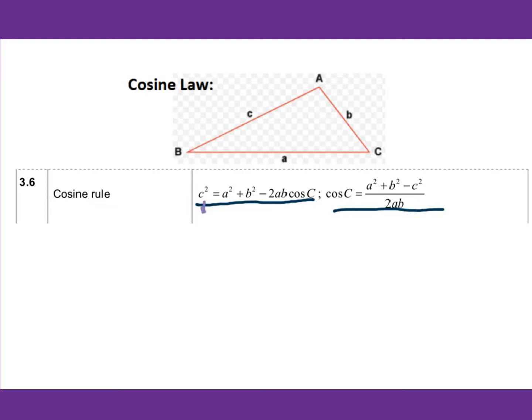This c squared means side, a squared deals with side, and this ab we already did over here. Then we need an angle. Therefore, for cosine law, it's dealing with three sides and one angle.